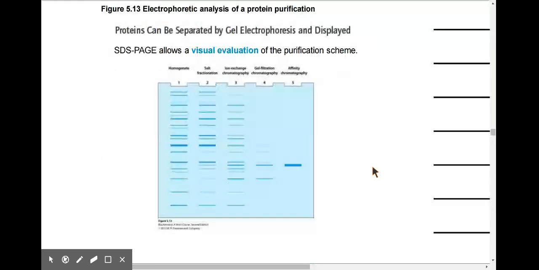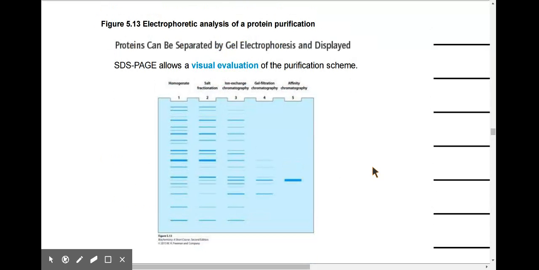And we can visualize this, not only quantitatively, but qualitatively, because we can run those proteins at each step: the homogenate, the salt fractionation, the ion exchange, gel filtration, affinity chromatography. We can run our protein mixture at each step and make determinations about whether or not we're enriching our protein of interest. And you can see it after affinity chromatography.